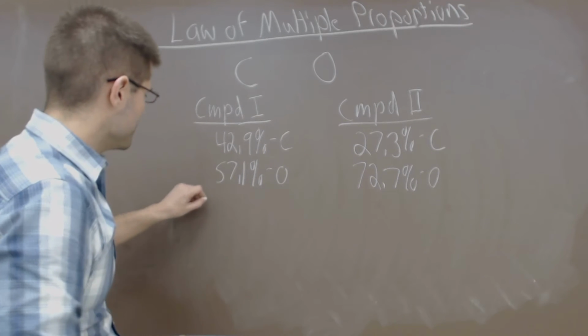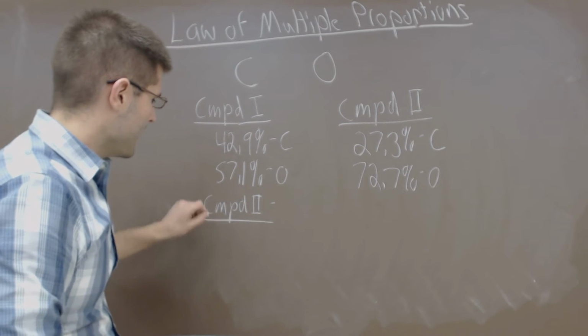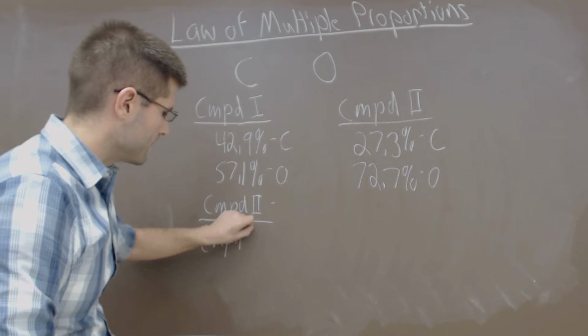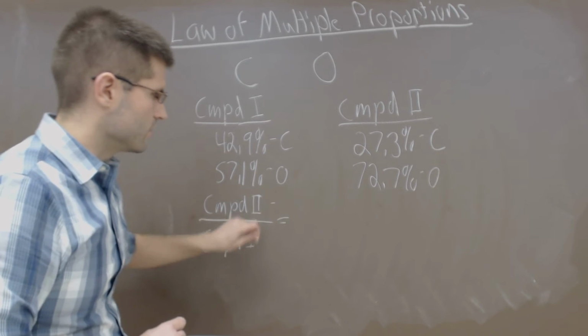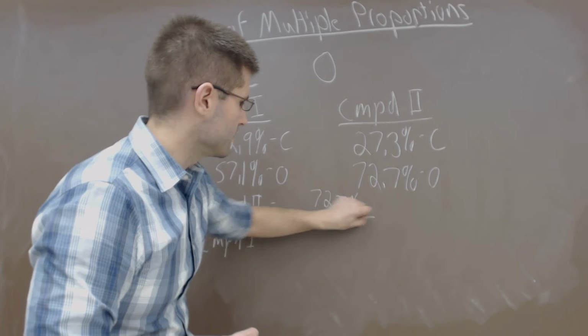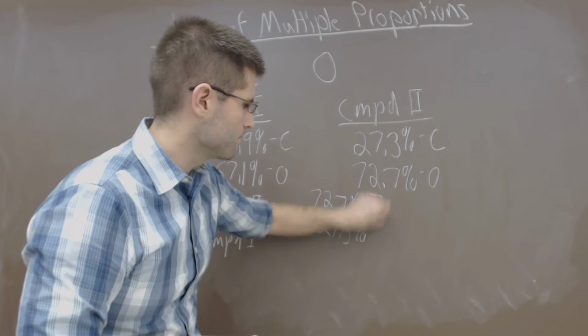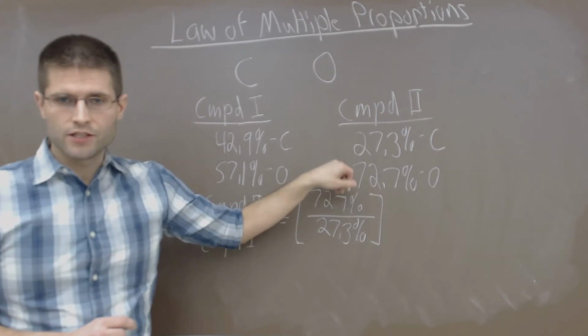So if we take compound 2 and divide by compound 1, the mass ratios. Let's take the 72.7% oxygen divided by the 27.3% carbon. That's from compound 2.